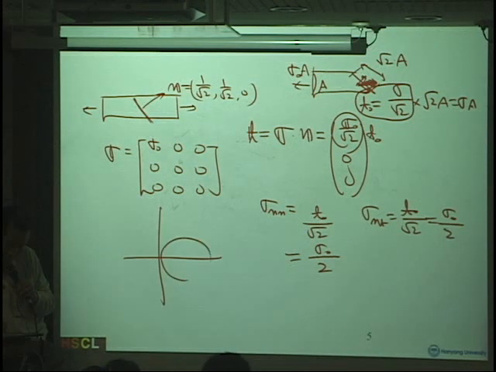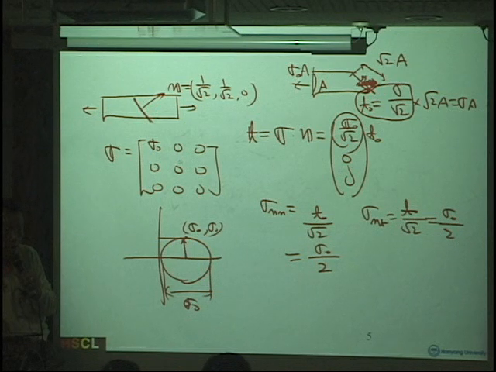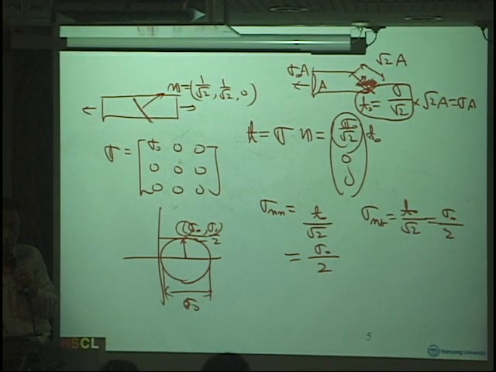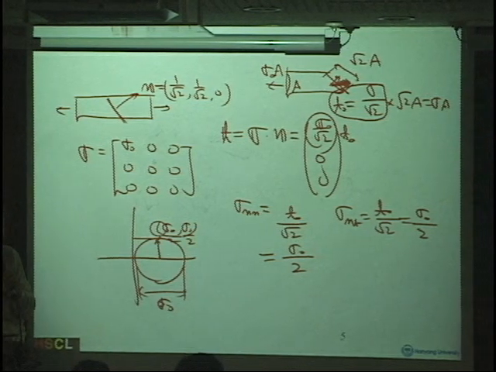That is the same as the Mohr circle here. Shear stress will be sigma 0 over 2, and normal stress will be sigma 0 over 2, right? Okay?